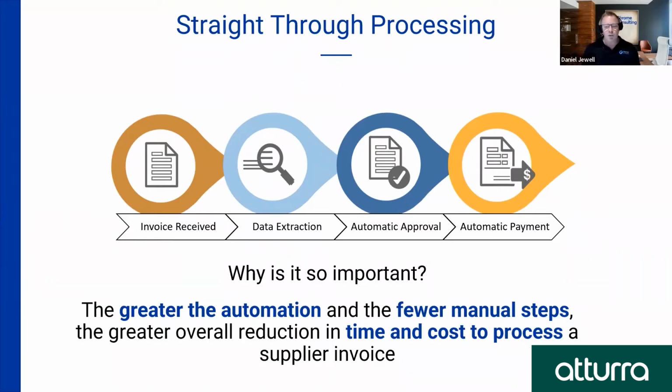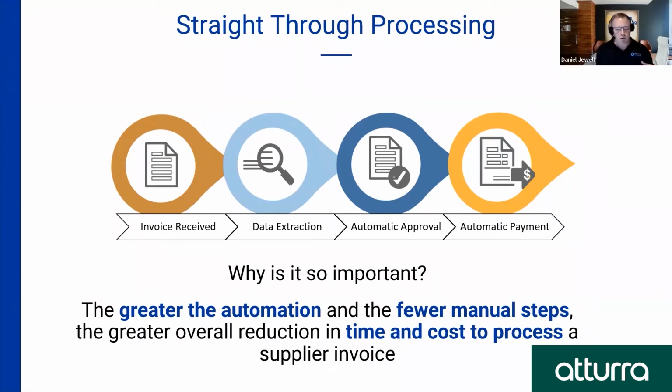So to kick off today's webinar, I want to just draw you back to this topic of straight through processing, as your OCR performance and data extraction is really a core theme to improving your straight through or zero touch processing. To quickly cover this again, the ideal invoice processing scenario has little to no manual touches on the invoice as it passes through from receiving the invoice to final payment.